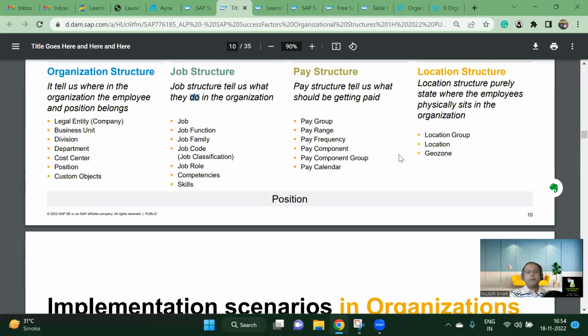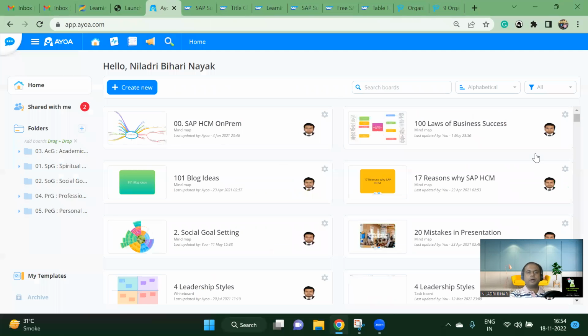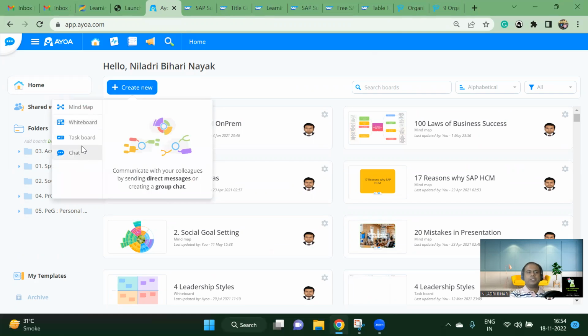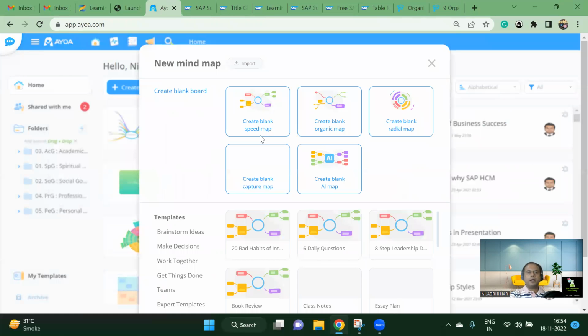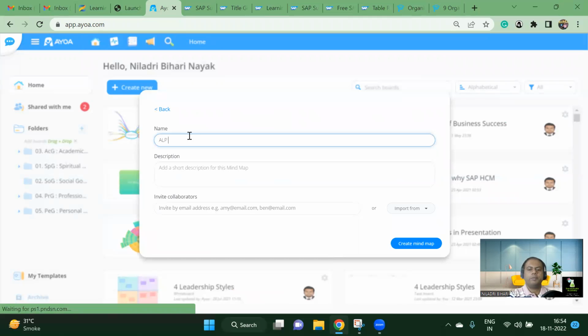Now we will quickly do a recap in our mind map: what are the four types of structure, as we are covering our first ALP session. I'll be mapping it as ALP001 org structure.